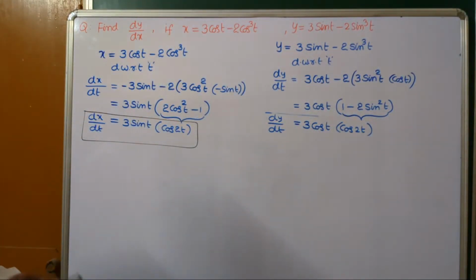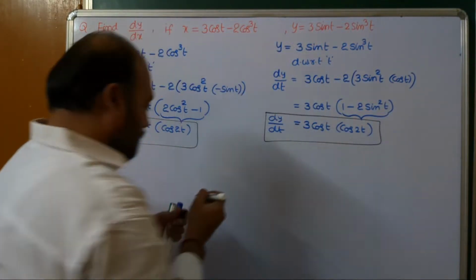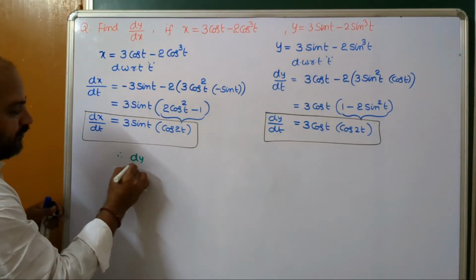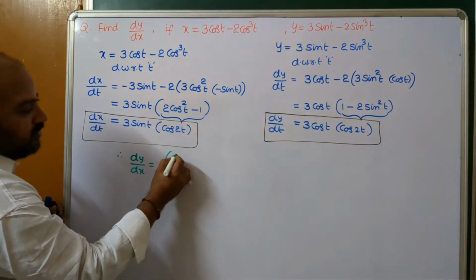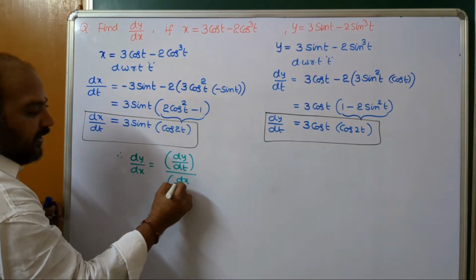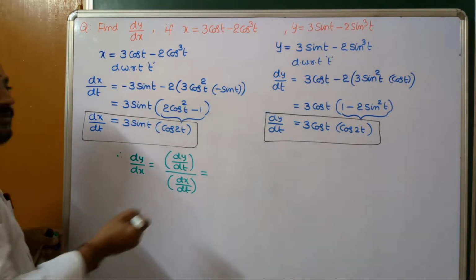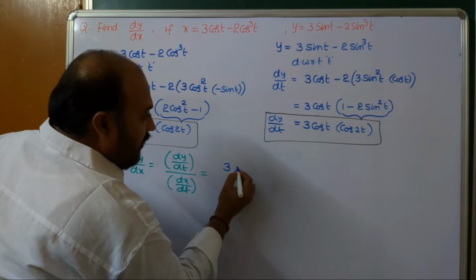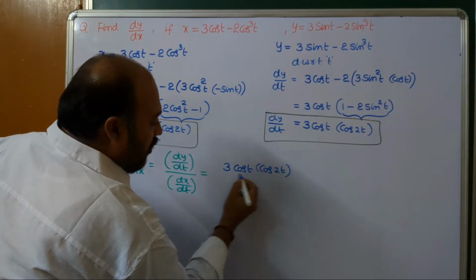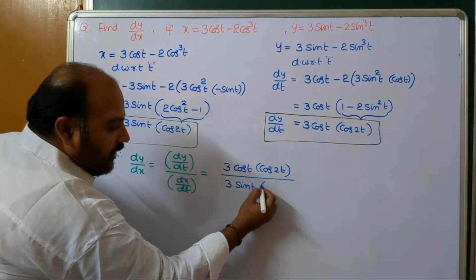So after getting dy by dt and dx by dt, we know how to find dy by dx. So dy by dx is equal to, for writing this also 1 mark, dy by dt by dx by dt. So substitute the respective values. dy by dt, this one, 3 cos t into cos 2t whole divided by 3 sin t into cos 2t.